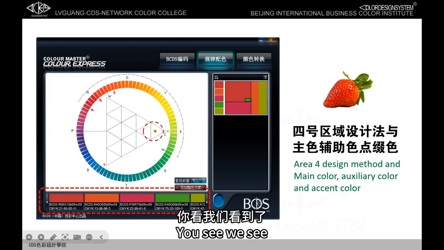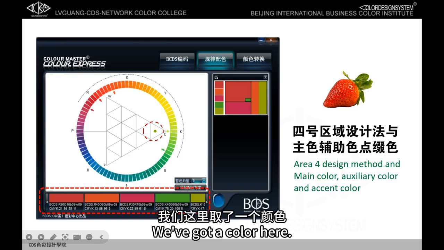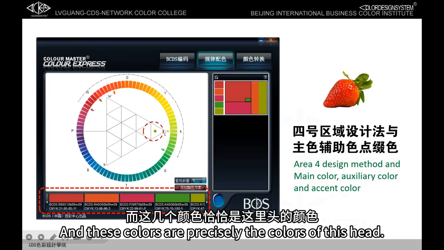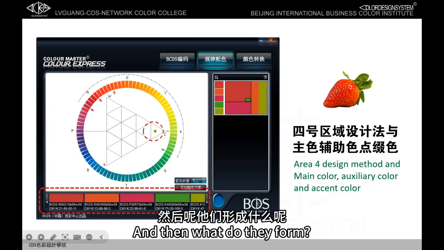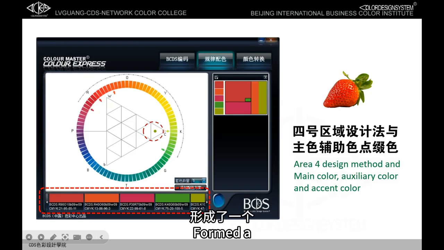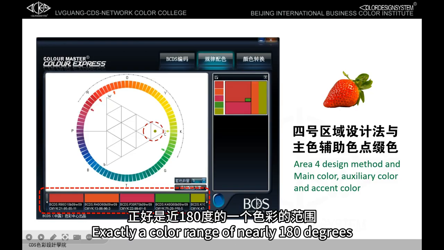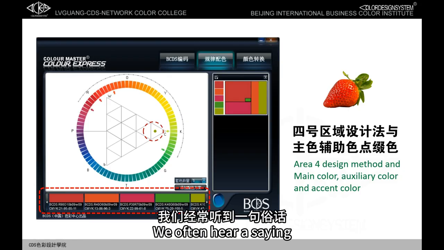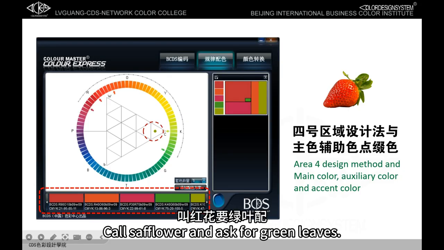You see, we've got a color here, 2, 3, took 4 more, 5. And these colors are precisely the colors of this head. And then what do they form? They formed exactly a color range of nearly 180 degrees. A complementary color relationship is formed. It's anti-color. We often hear a saying, safflower needs green leaves.